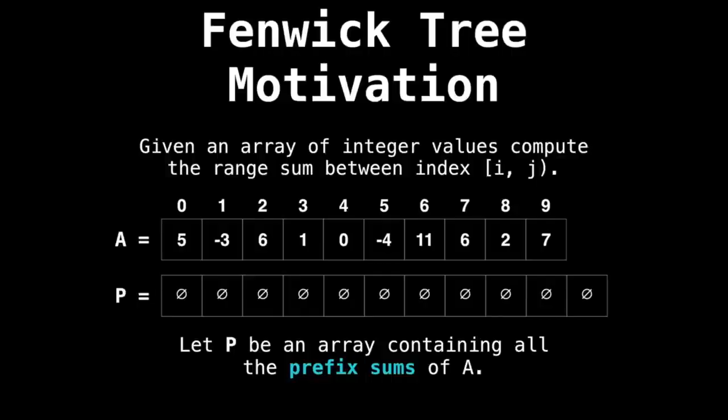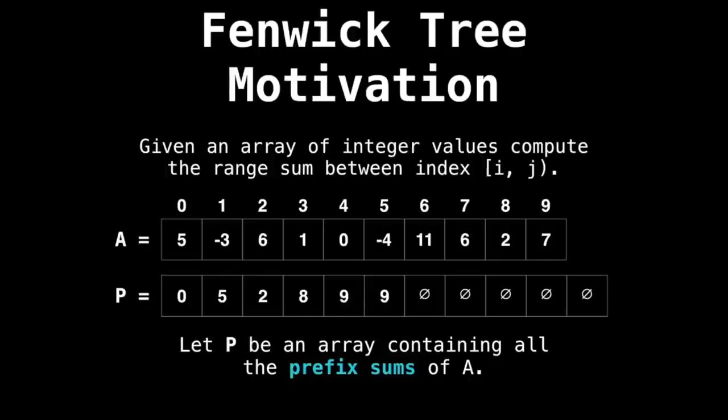So if we set the array P at index 0 to be 0, and then we go through our array A and add each element to the current prefix sum, we get 5, and then 5 plus minus 3 gives us 2, and then 6 plus 2 is 8, and so on.